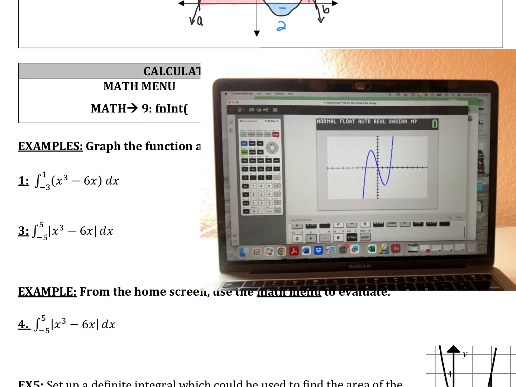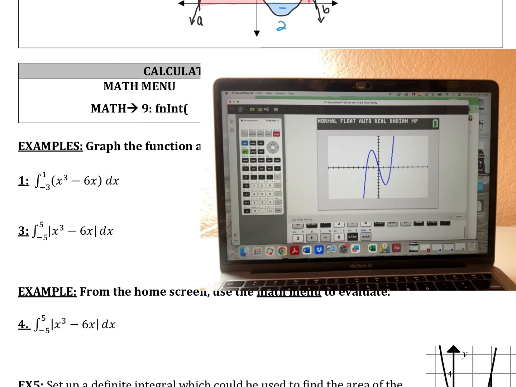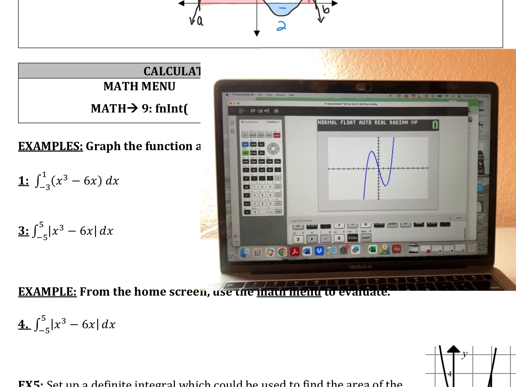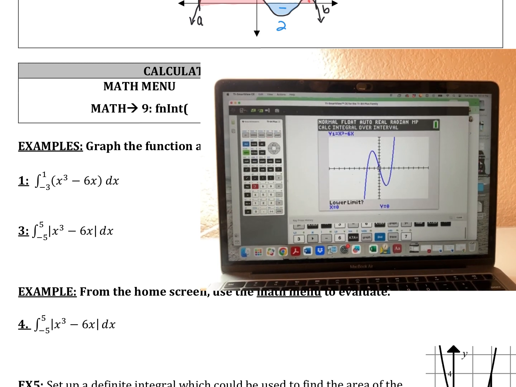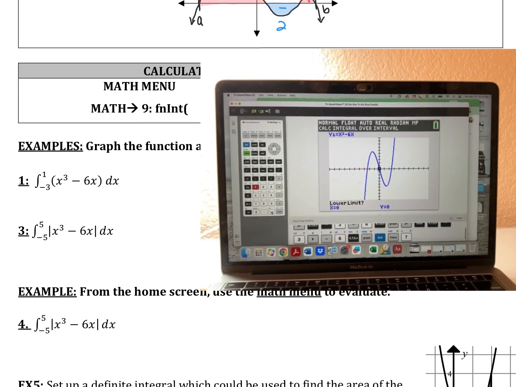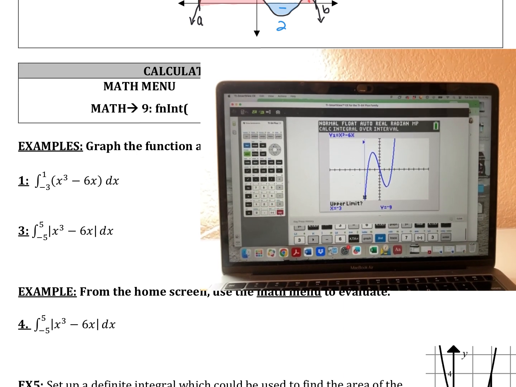Okay. And I can see on this first example, I want my bounds to go from -3 to 1. And to get the integral, just like it says up above, I'm going to go second, calculate, and I'm going to do number 7. And the lower limit, I'm going to just type in as -3 and hit enter.